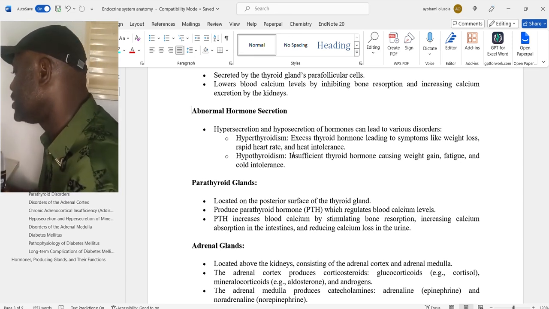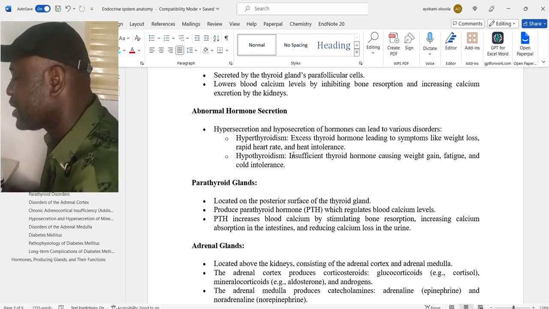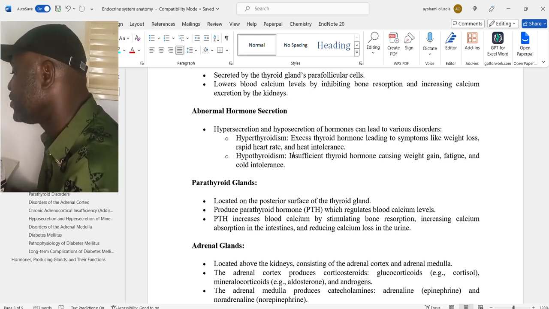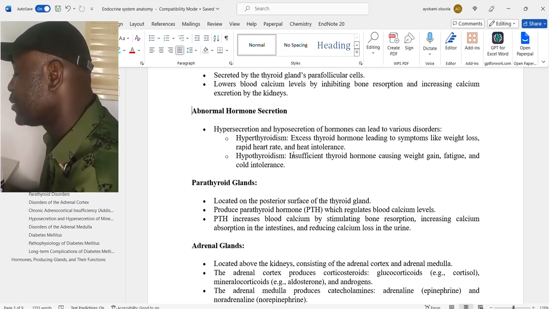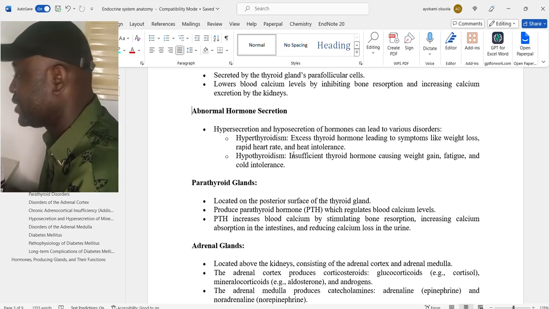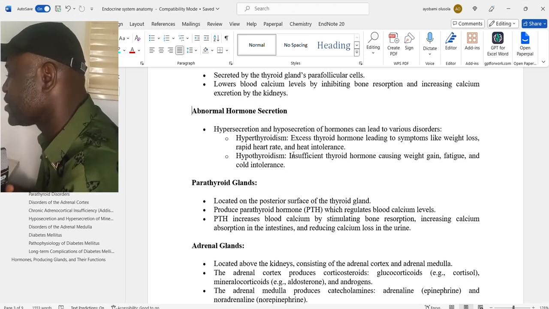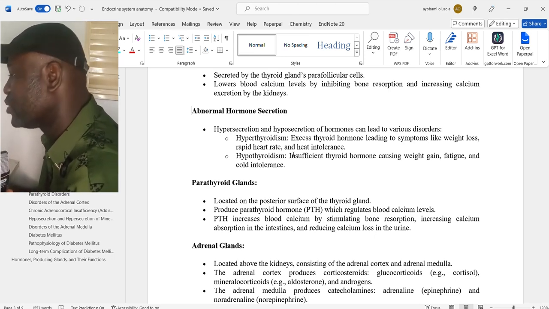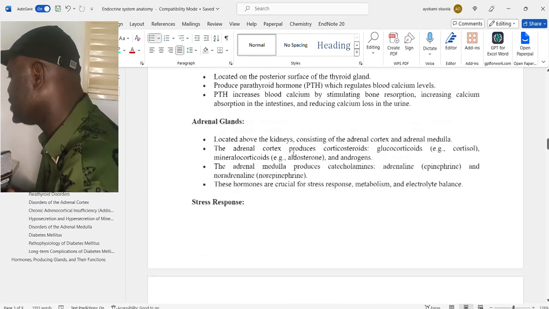Let's take a look at hyperthyroidism, which is the excessive production of the thyroid hormones T3 or T4. Hyperthyroidism leads to symptoms like weight loss, rapid heart rate, and heat intolerance. And hypothyroidism, which is a result of insufficient thyroid hormone production, leads to weight gain, fatigue, and cold intolerance.